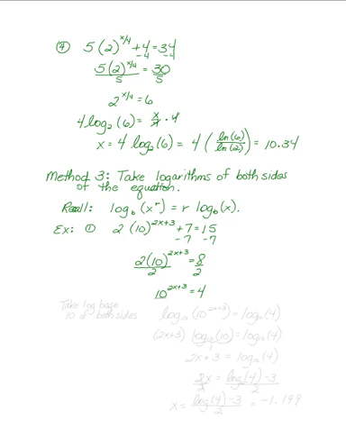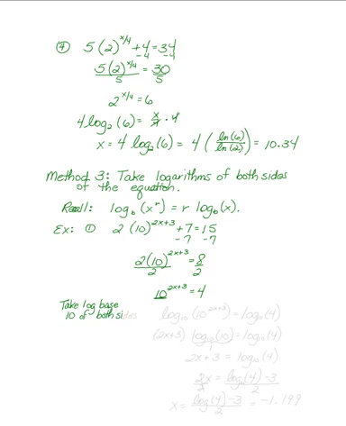At this point, what we're going to do is actually use our method, which says we're going to take the logarithm of both sides of our equation. Now we can take the log base anything we want. Because the base of this particular exponential on the left-hand side is 10, I am going to take log base 10 of both sides of my equation.